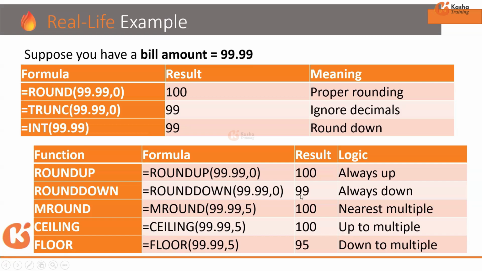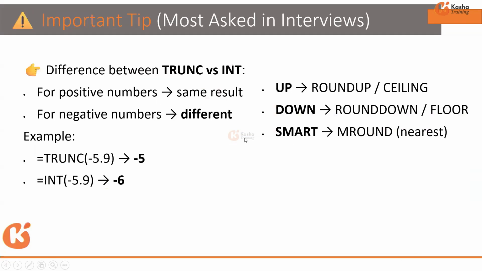ROUNDDOWN will give the same figure because it is 0.9 here. MROUND, you can see the value of 5, again gives 100. CEILING, you have given 5, so again it is 100. FLOOR, you can see 99.99, and it is 95, which is rounded down to the multiple. So these are the real time examples.